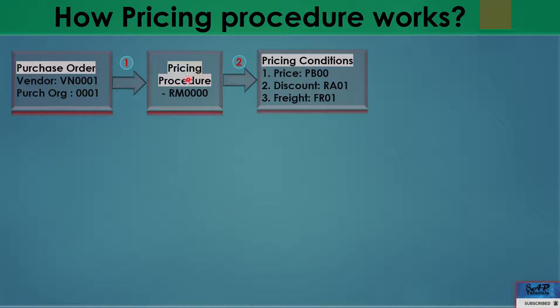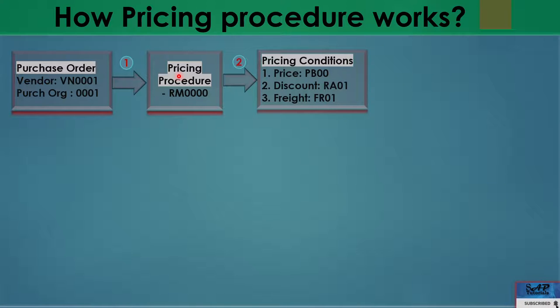Then from this pricing procedure, there will be various conditions inside it, and those conditions are assigned to condition types. So these are the various condition types. Gross price is PB00, then discount is RA01. It might be anything; you can define any key for this, but these will be conditions like price, gross price, discount, freight, surcharge, tax, GST, and whatnot.